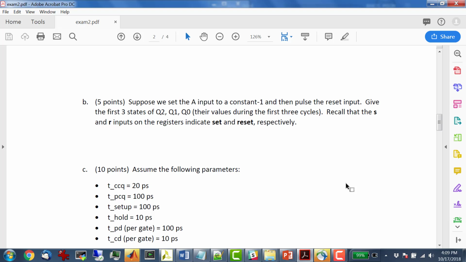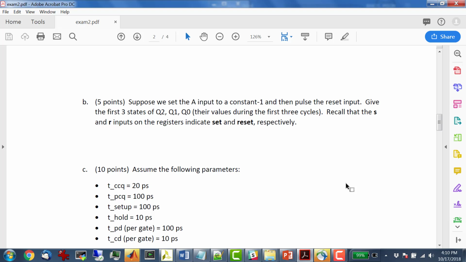And that might be easier or harder to achieve. So for the hold, we have the hold time, right? Because the hold time, our total contamination delay must be greater than the hold time, right?